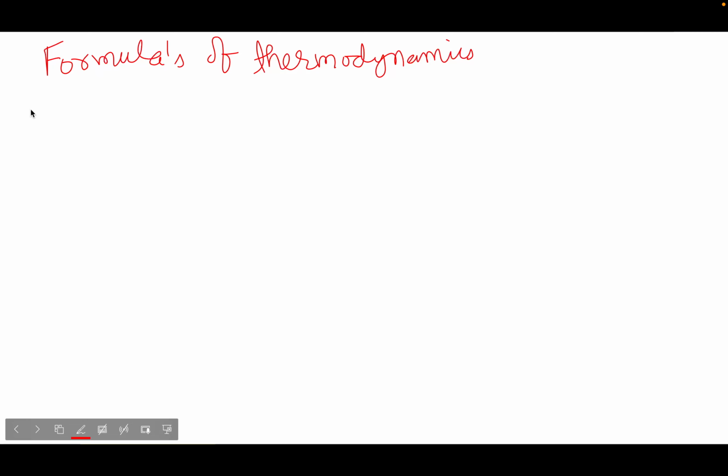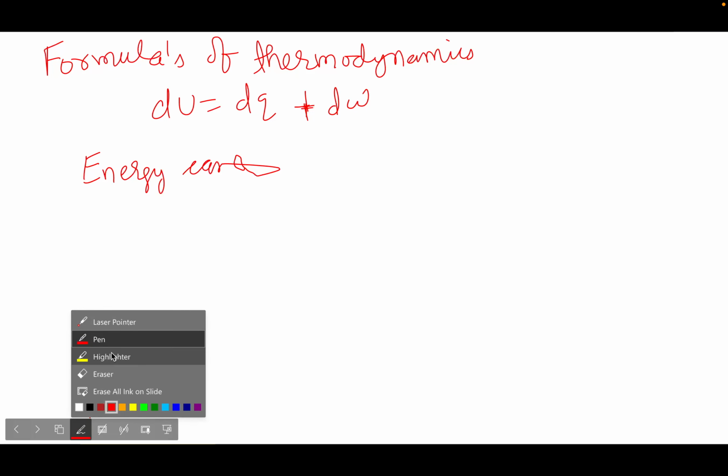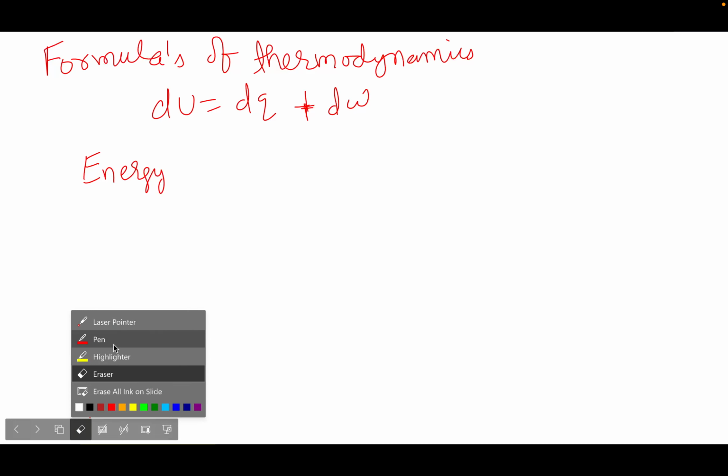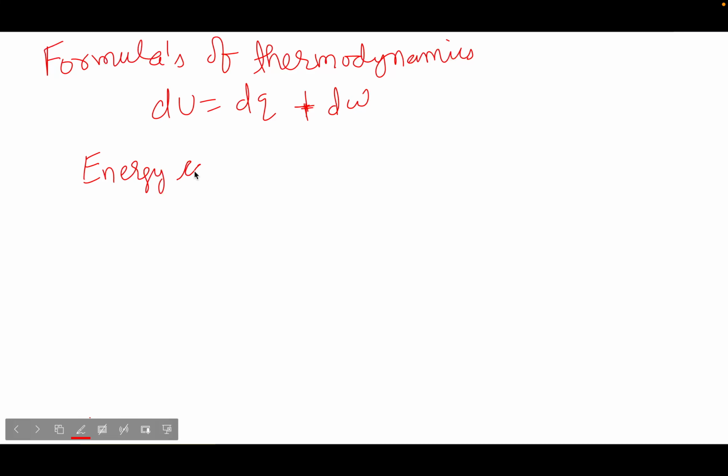So we know the first law of thermodynamics. dU is equal to dq plus dw, and its theoretical form is energy can neither be created nor be destroyed.